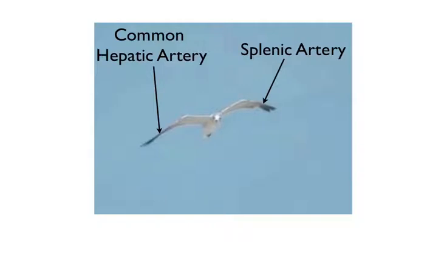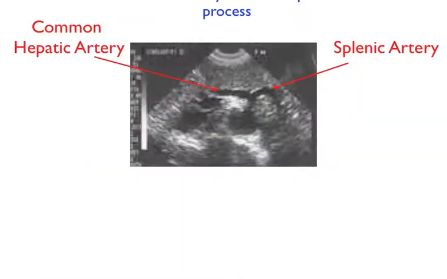Okay, why do we care? Because over here are the wings of the seagull sign. That's the celiac axis just below the xiphoid process. And it looks just like a seagull with a common hepatic artery on the right and the splenic artery on the left, coming out of the aorta, right below the xiphoid process. If you go down a centimeter or two away from the xiphoid process, more inferiorly, you'll miss it.